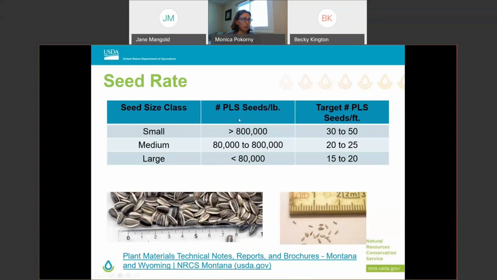If you planted a small seed at a pound per acre, you're seeding it at a rate of 18 seeds per square foot. So there can be a real big difference depending on how big your seeds are.